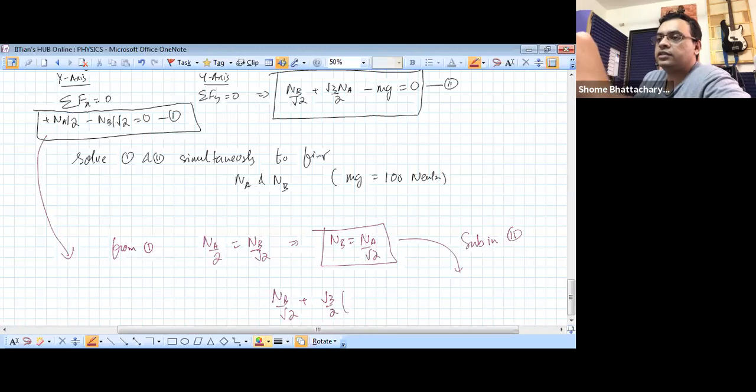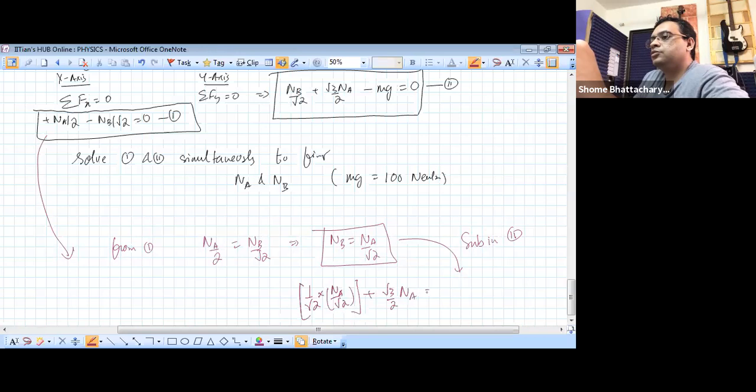Sorry, NA we let be, we have to substitute NB. So NB is multiplied by 1 by root 2, so 1 by root 2 into NB, which we will now write as NA by root 2. Plus root 3 by 2 times NA should be equal to mg from equation 1.